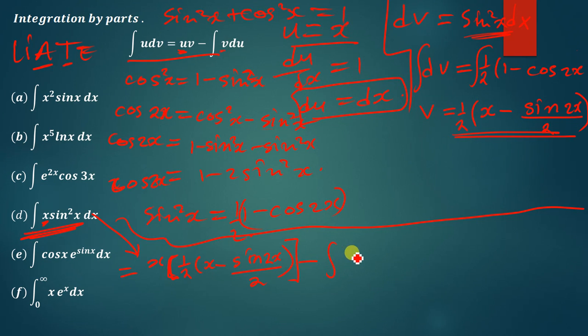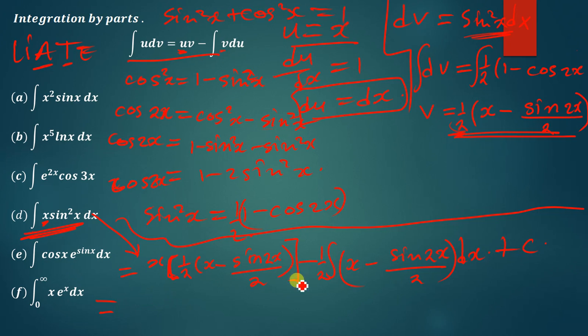So the integral of, I'll remove the half this side, then I'll remain with x minus sine 2x over 2, of course dx. So we can now find the final solution for this expression.